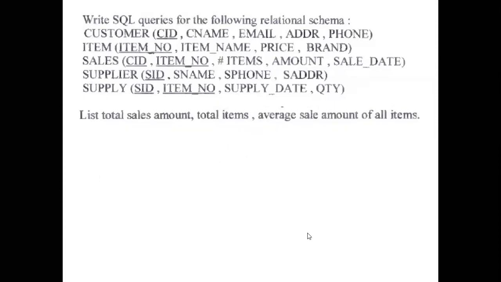So next query, list total sales amount, total items and average sale amount of all items.